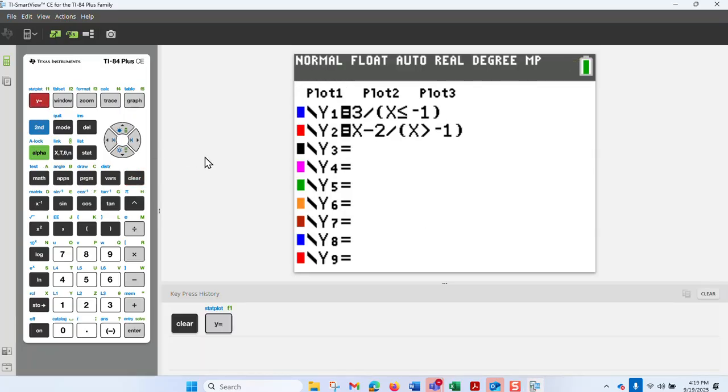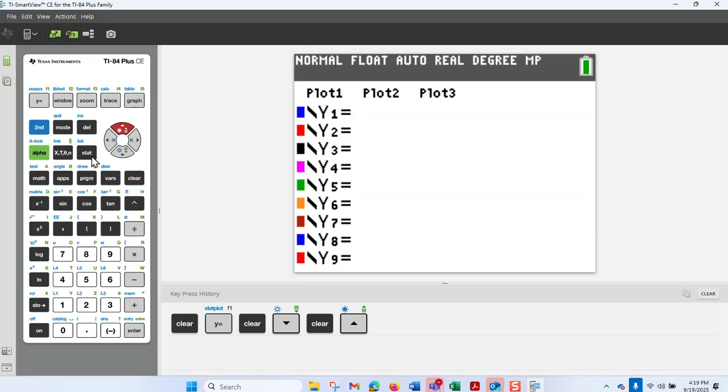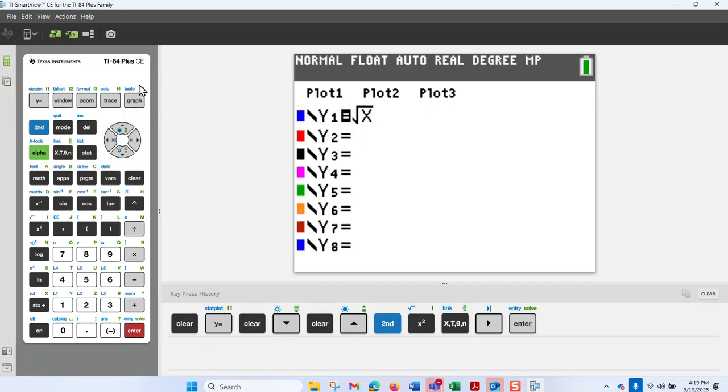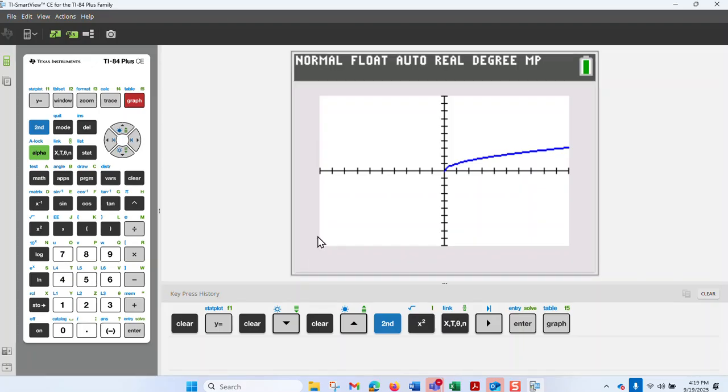So y equal to, all right, let me clear all this. Square root is under the blue color. So if you want to hit a square root, you must press second, x squared. So you will get a square root, okay? And then you have an x in here, and then I hit enter, I hit graph. All right, so this one is y equal to square root of x, right?